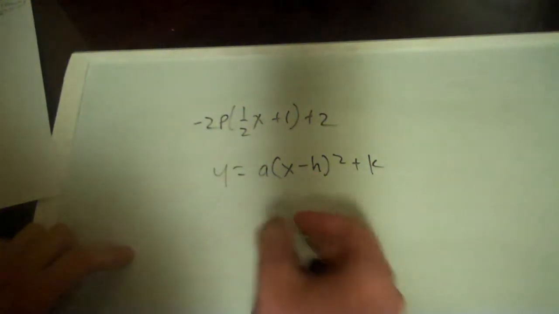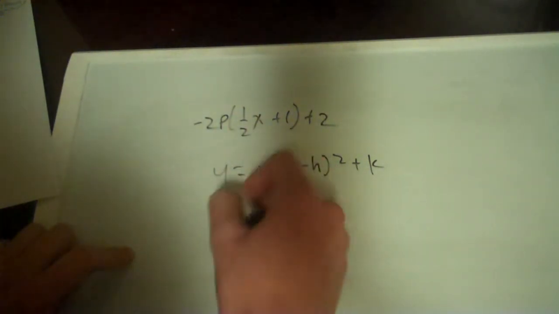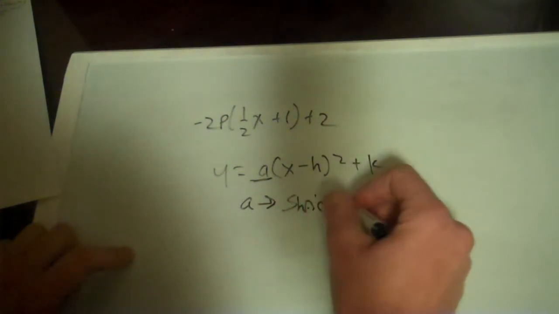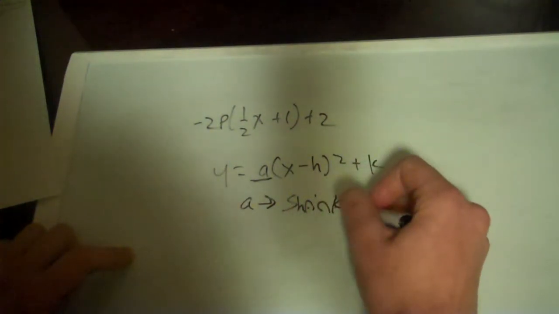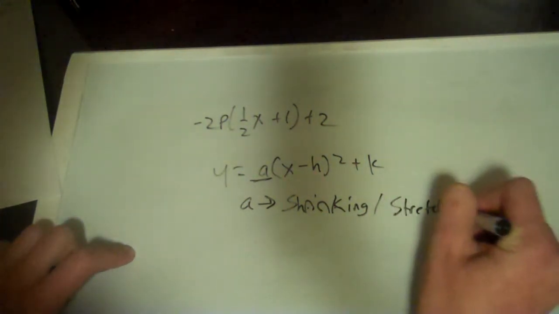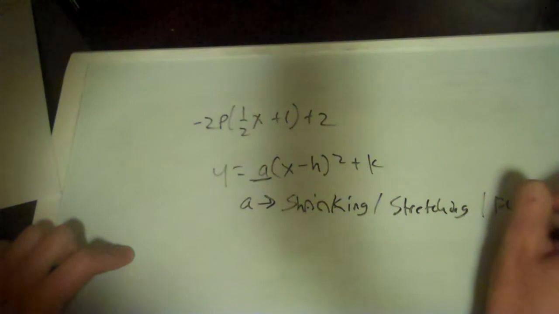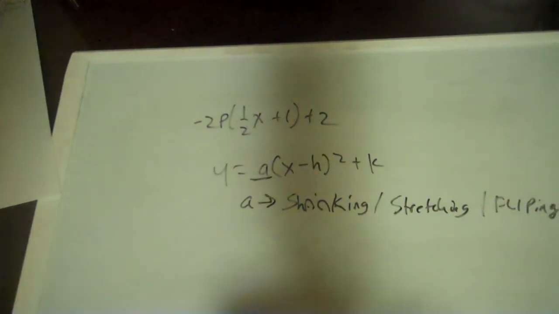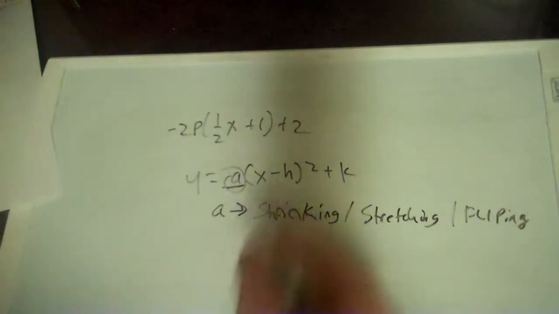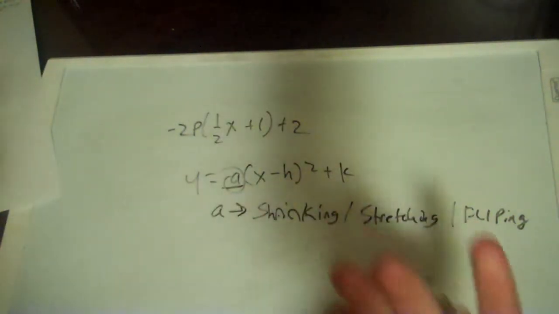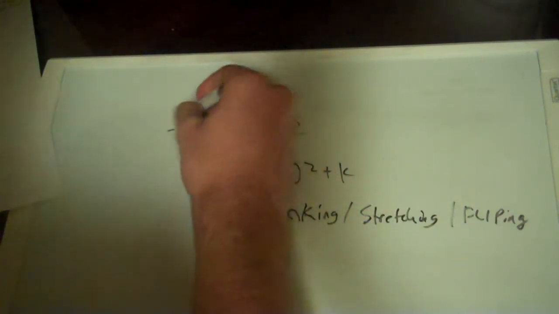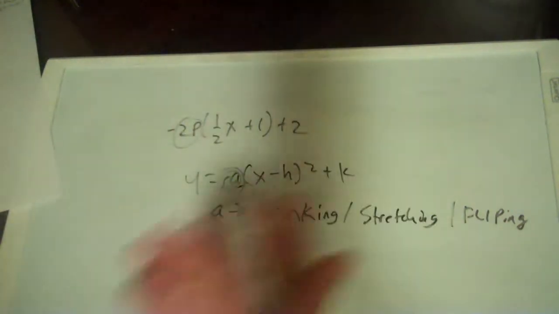The a here is going to say whether the function is shrinking, stretching, or flipping. If it's going to do one of these things, it's going to be found in this part.